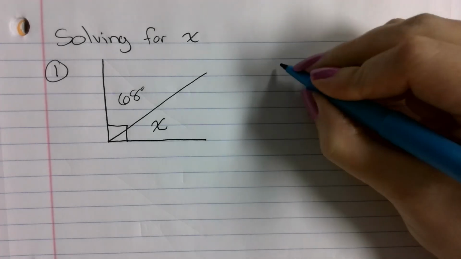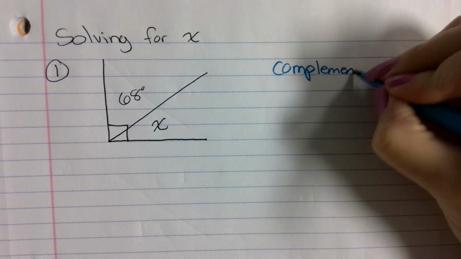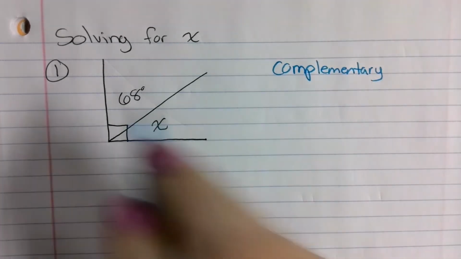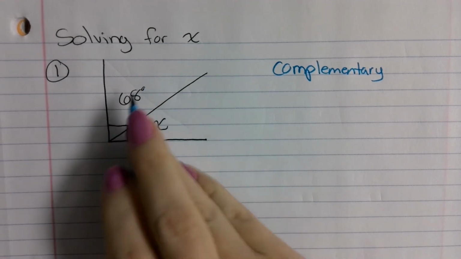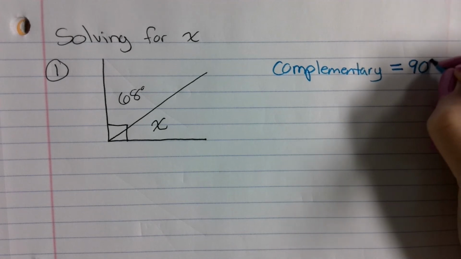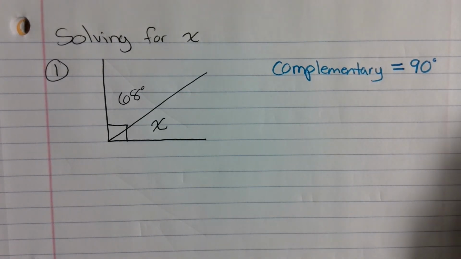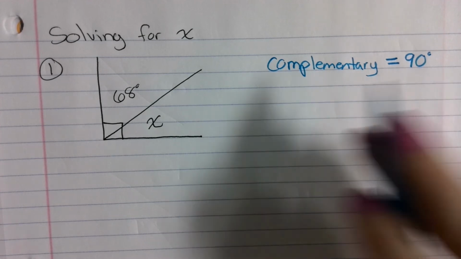Complementary, right? I know that this is a complementary angle set because of the fact that it's forming a right angle. It forms a right angle when I have these two angles paired together. So I know complementary has to be equal to 90 degrees, and it's the sum that is equal to 90 degrees. So again, I'm adding these two angles together to equal 90 degrees.